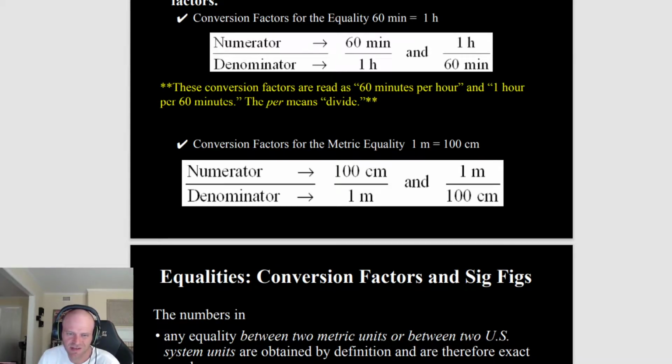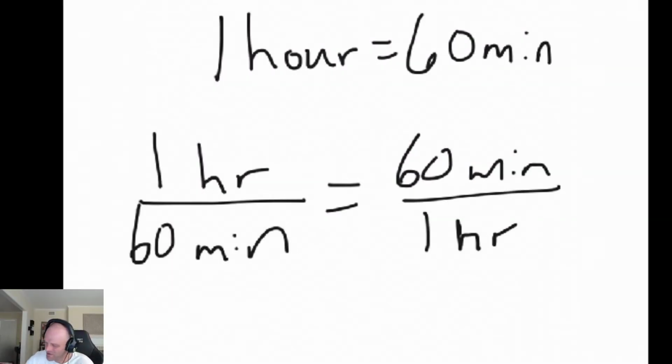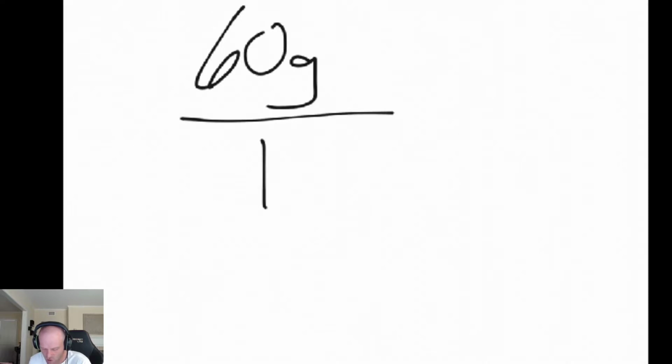All right, so a lot of times, if I just have one thing, like it just gives me a mass, I'll write 60 grams over one, just so that I have it in a conversion factor, and then I can manipulate it how I want to. You'll see what I'm talking about in just a minute.